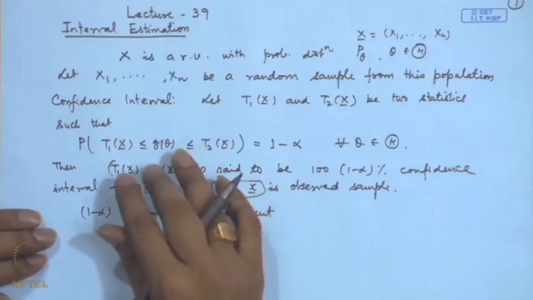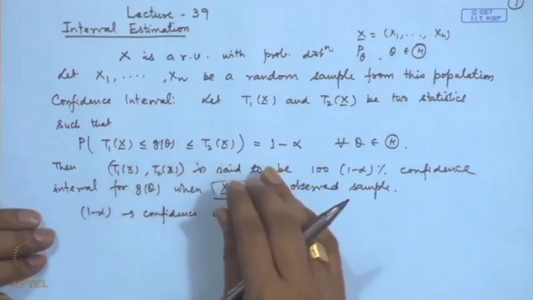On the other hand, if we fix the length, we should try to find that T1, T2 for which, with fixed distance T2 minus T1, 1 minus alpha is the maximum. So, the problem is the shortest length with fixed confidence coefficient, or fixed length and highest confidence coefficient.